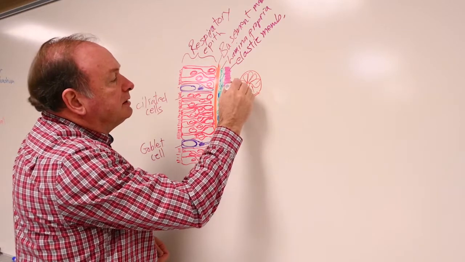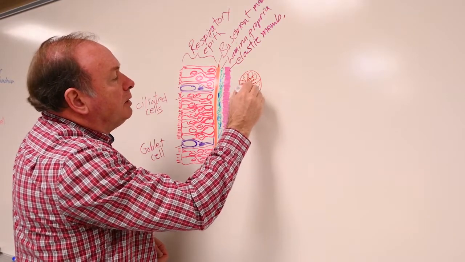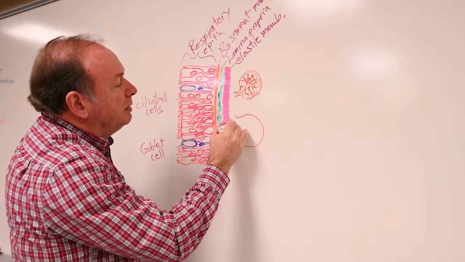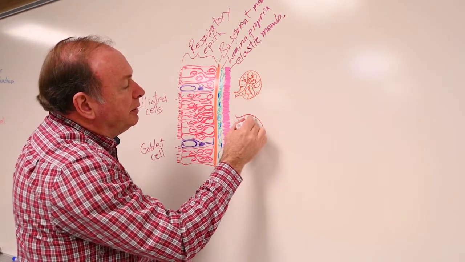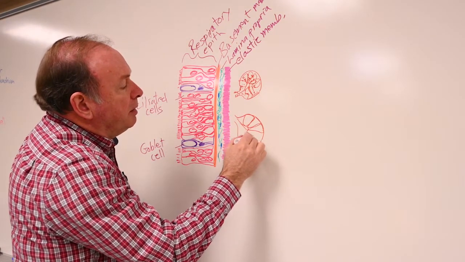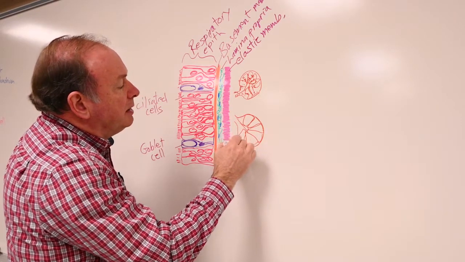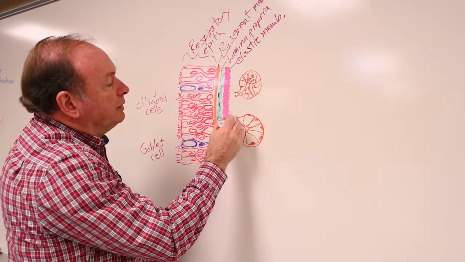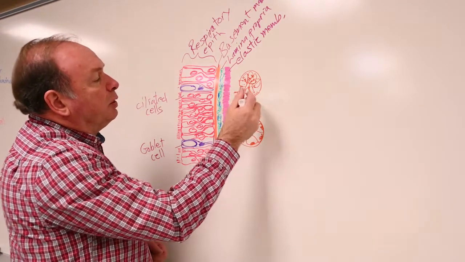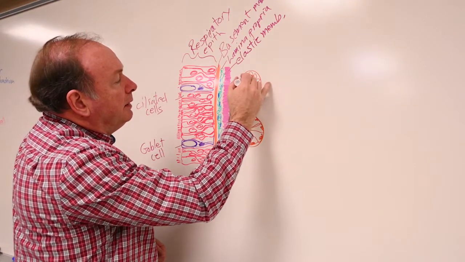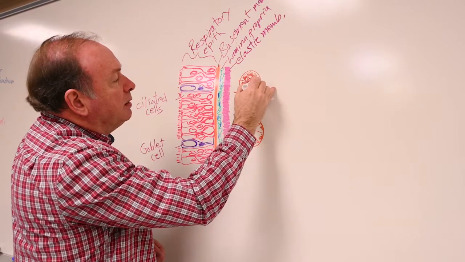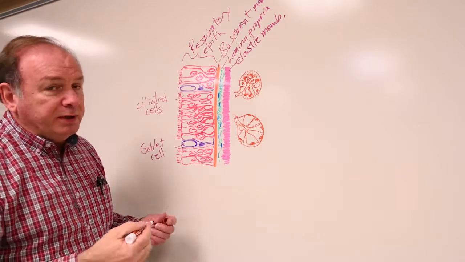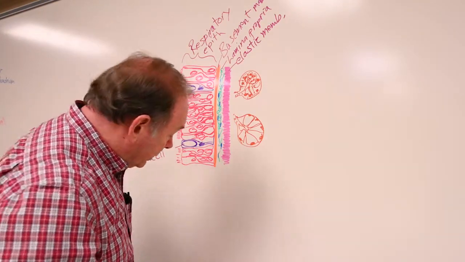Some of them are serous, where they contain more dark staining granules and produce more of a watery secretion, and some of them are going to be mucus, where you have much larger clear staining cells, generally flattened nuclei near the base, and no granules staining. And here we have some simple cuboidal ducts that lead out. Here in the serous, we'll see the nuclei stand away from the base a little bit, so you'll have round nuclei out there, as we saw in other serous types of glands elsewhere.